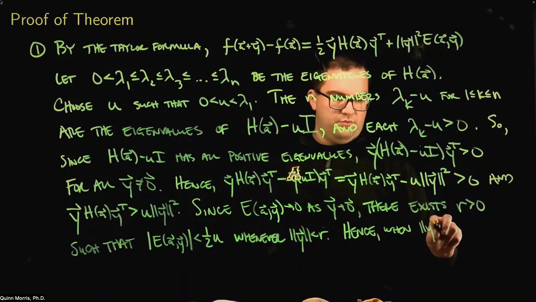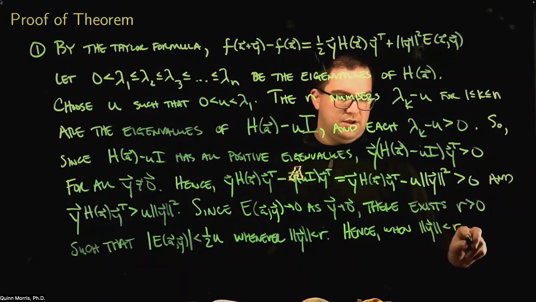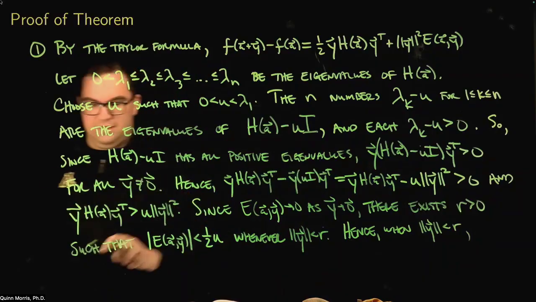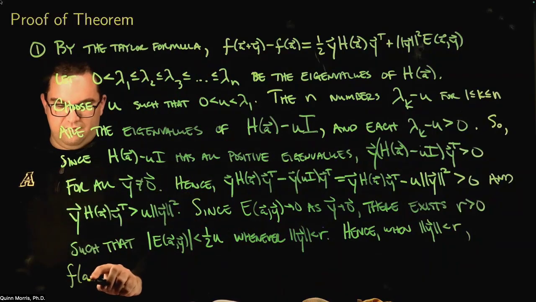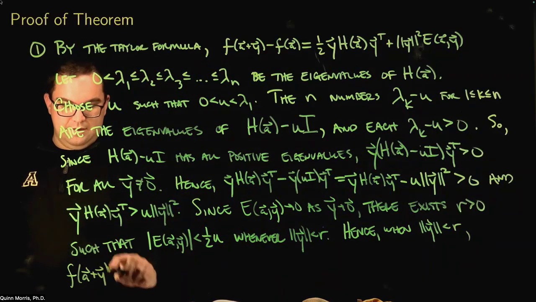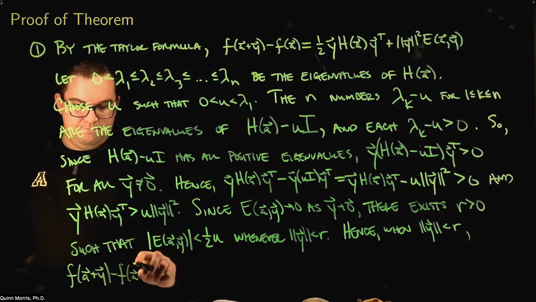So if I do all that, then when the norm of y is less than r, let's go back to our Taylor formula. I've got f of a plus y minus f of a.